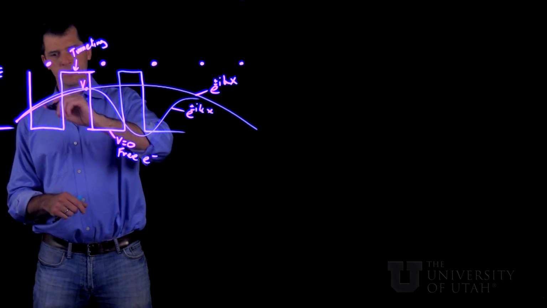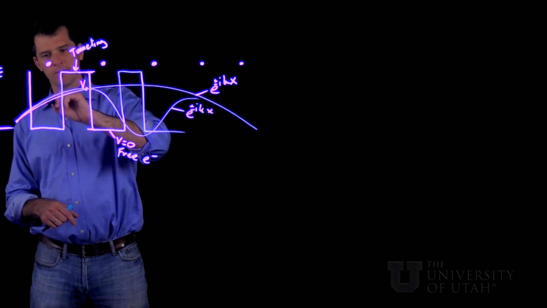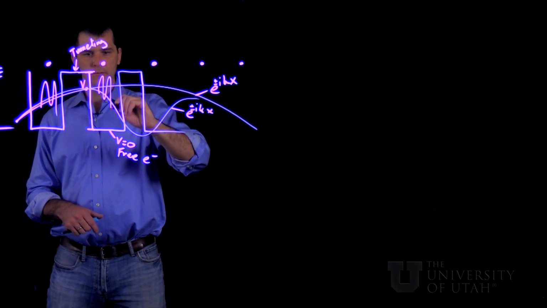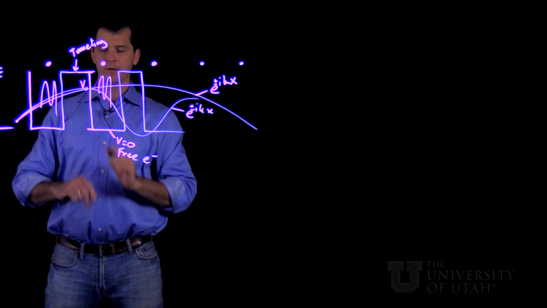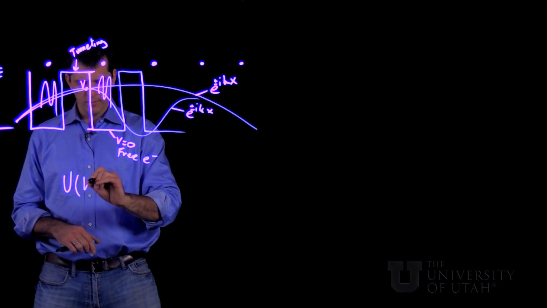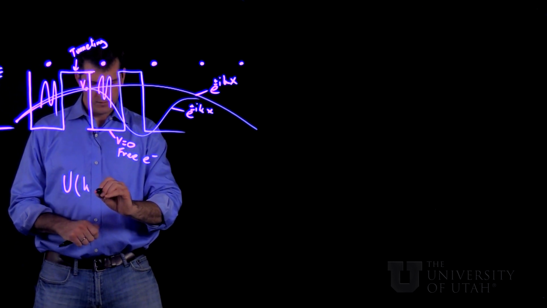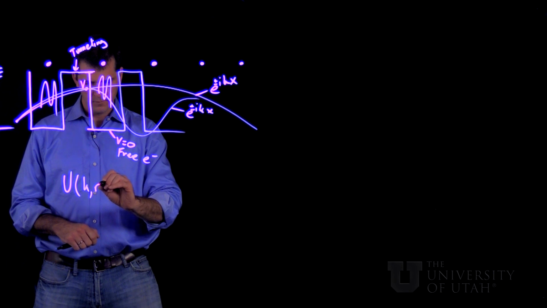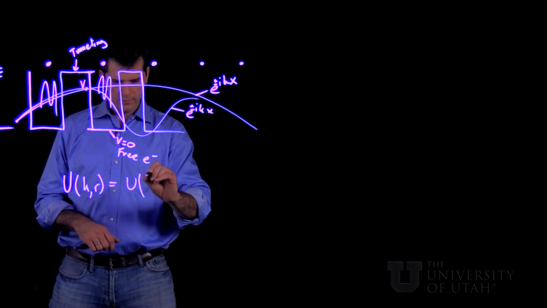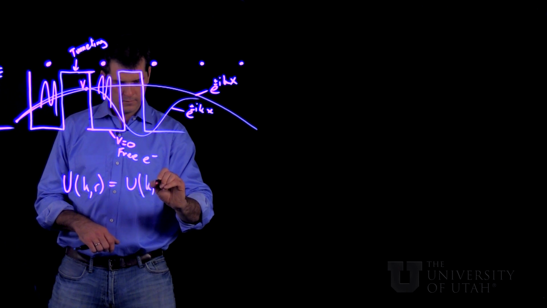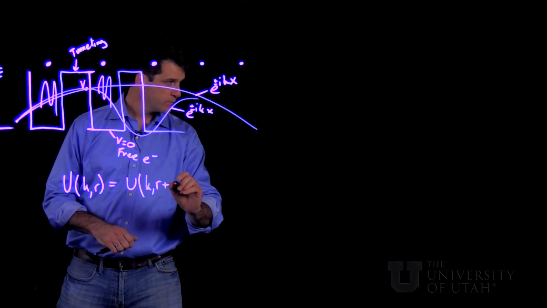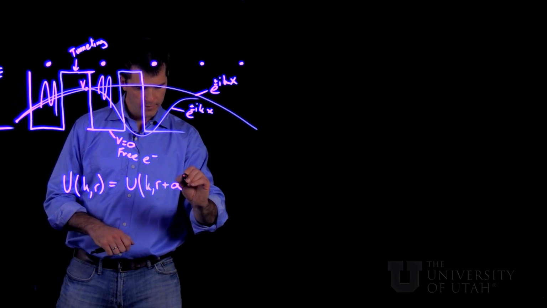But they're going to be modulated because of their interactions with these atoms. They'll have little wiggles. But the nice thing is that these little wiggles have to have the same periodicity of the lattice. So that gives us the property that u of k and distance r has to equal u of k and r plus the repeat period a.